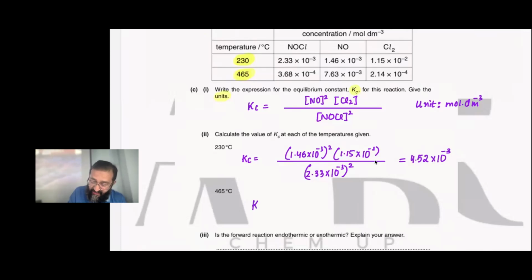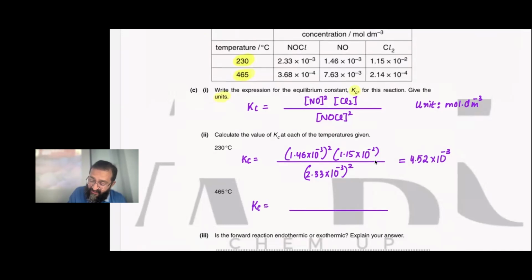Now if I calculate the value of Kc at 465 degrees Celsius, the concentration of NO is 7.63 exponent minus 3, squared, times 2.14 exponent minus 4, over 3.68 exponent minus 4, squared.